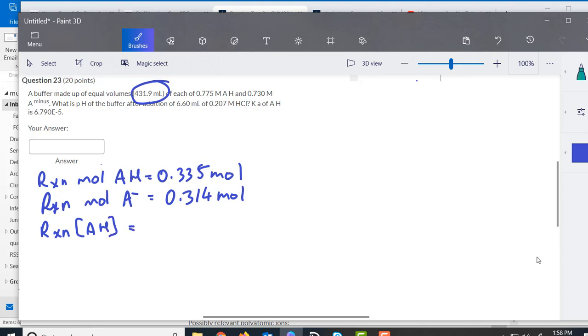Now the reaction AH is going to be the reaction moles of AH divided by the total volume, which has to be in liters.